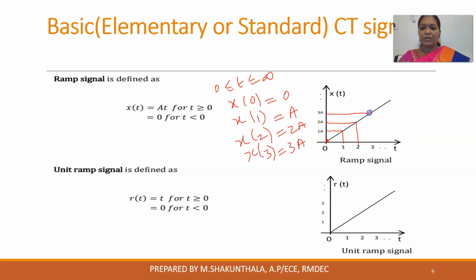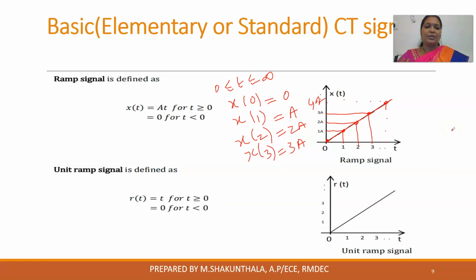For t equal to 3 the amplitude is 3A. So you will actually have the dots like this. If you have t equal to 4, it will be 4A, right? So you will have a dot like this. So all these dots you have to just connect like this. So this is your general ramp signal.